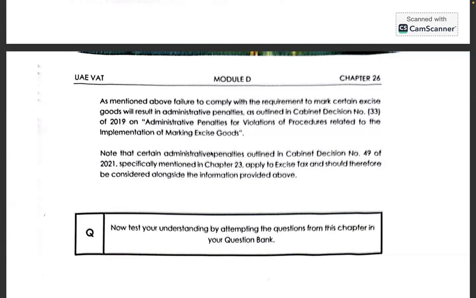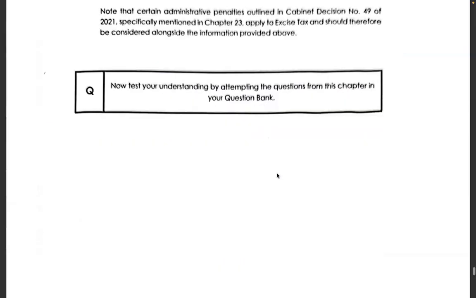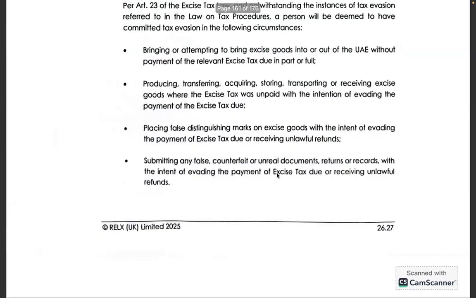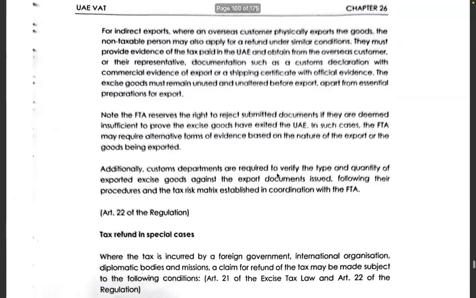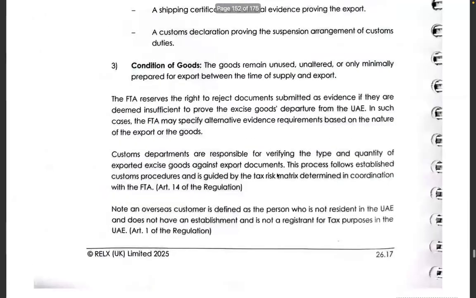Note that certain administrative penalties outlined in Cabinet Decision number 49 of 2021, specifically mentioned in Chapter 23, apply to excise tax and should therefore be considered alongside the information provided above. With that, our chapter 26 on excise tax is completed.